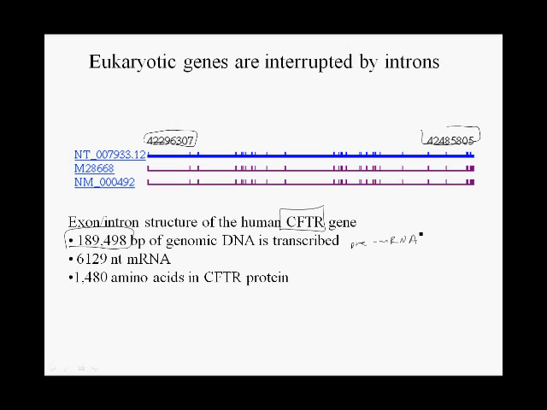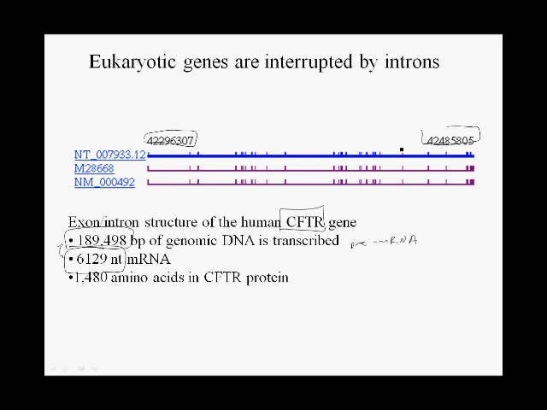After this pre-mRNA is spliced and capped and poly-A tailed, without the poly-A tail, it still has 6,129 nucleotides. So compare these two numbers, and you can see that most of this gene consists of introns.